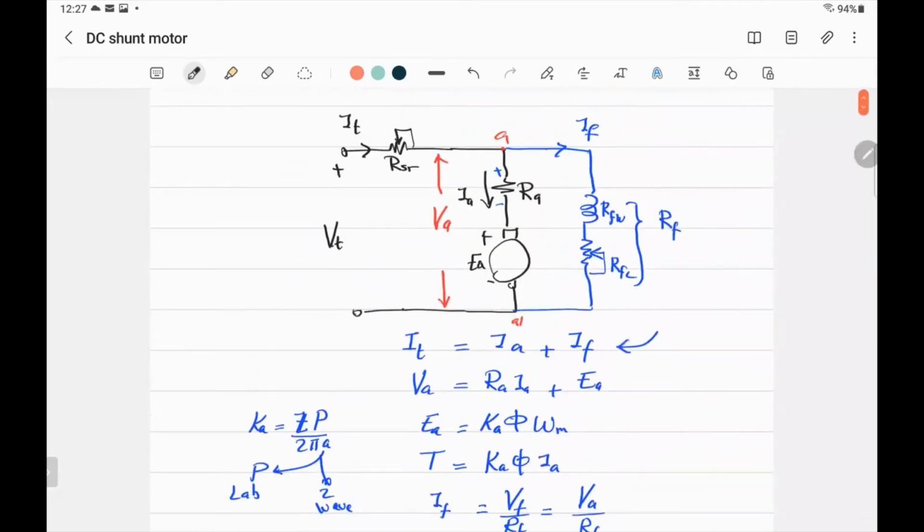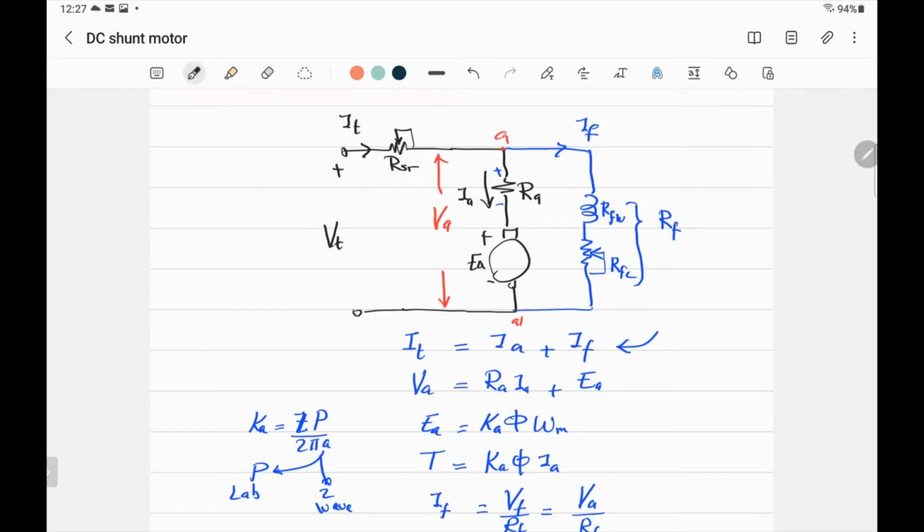So when you look at it like that, to reach the armature voltage VA, there is copper loss, right? What is the copper loss? In the series resistance RSR, right? And this resistor will be lost. Some circuits don't have it, but here I'm just doing it in general.